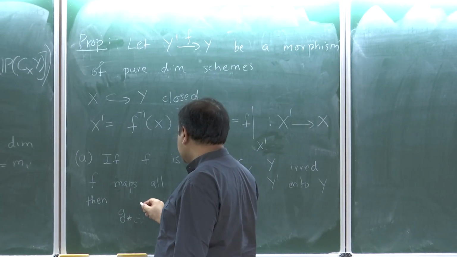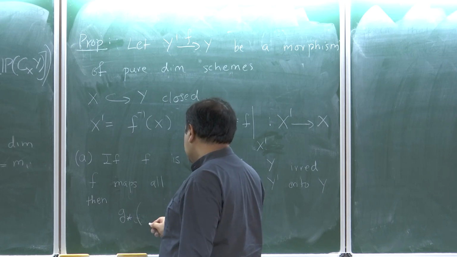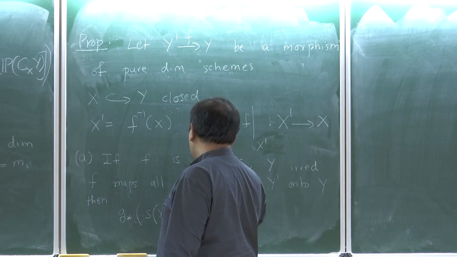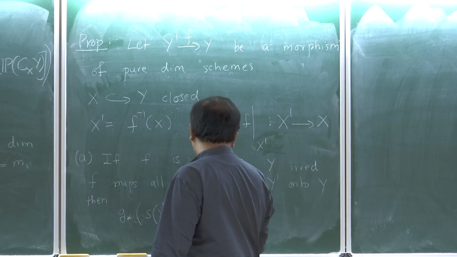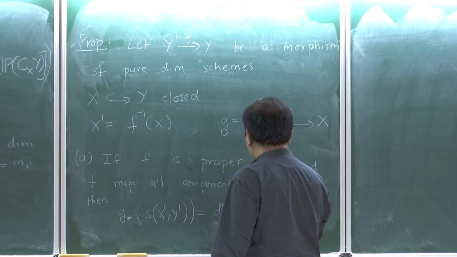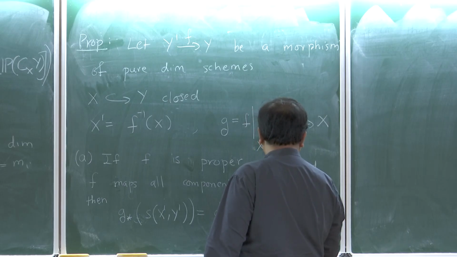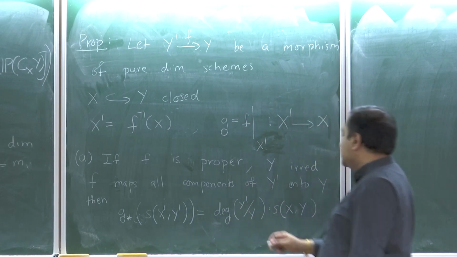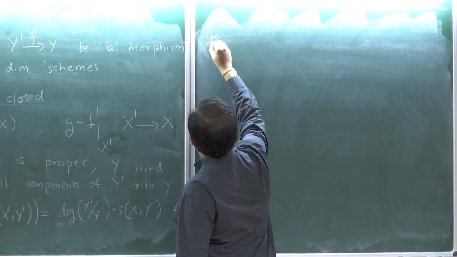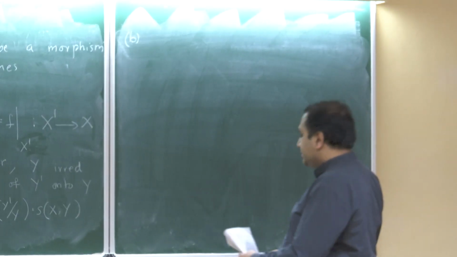That's the same as pushing forward along f, but it's just a matter of notation. So g lower star of S(X prime, Y prime) is equal to the degree of Y prime over Y times S(X, Y). We'll have to clarify what we mean by this degree. I will say that in a minute. But anyway, it's a fairly neat statement.